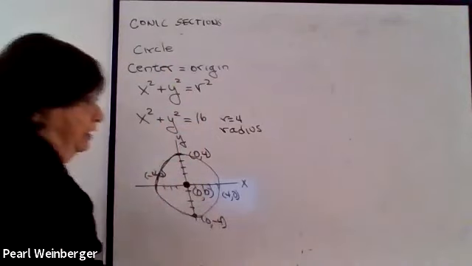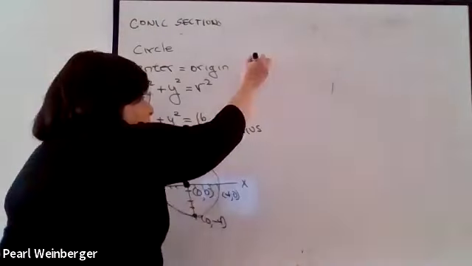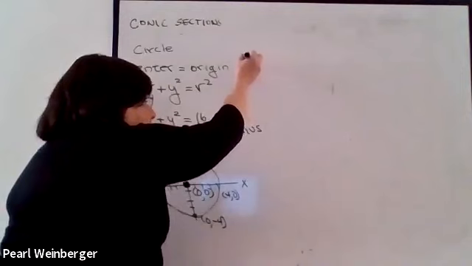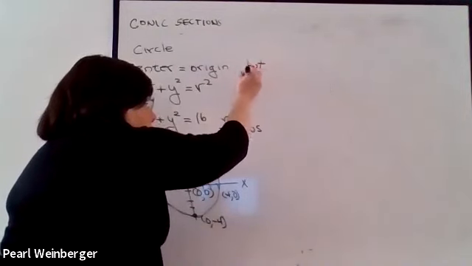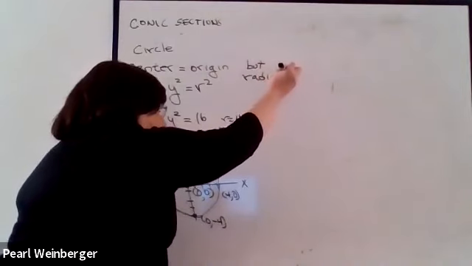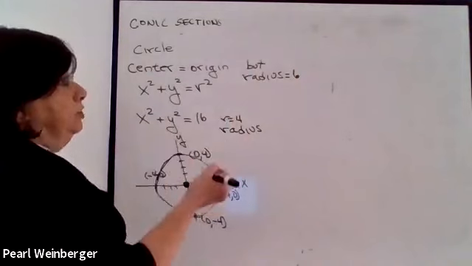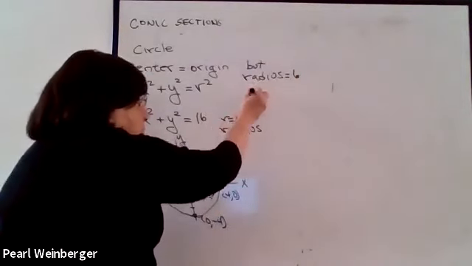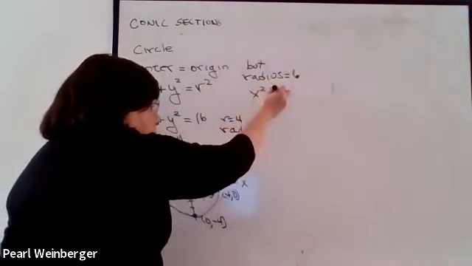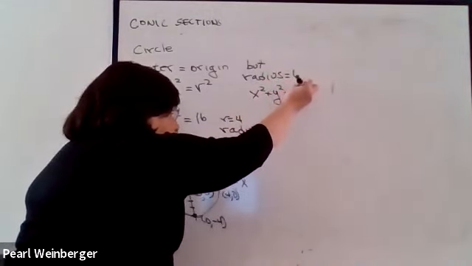If I tell you I have a picture of a circle whose center is at the origin, but the radius is 6, for example, then the equation of that circle would be x squared plus y squared equals the 6 squared, which is 36.